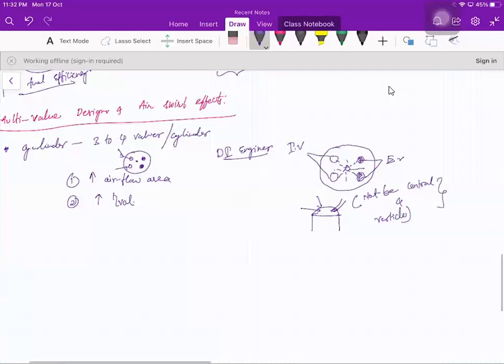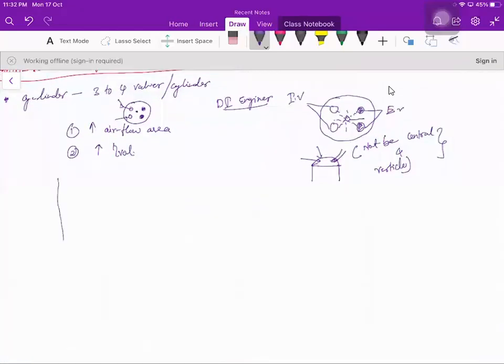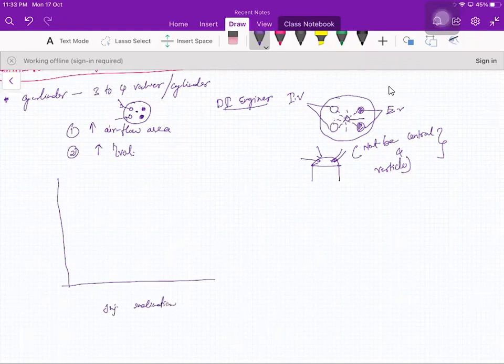We have a small plot for this. Take the injector inclination from vertical in terms of degrees on one axis, and here the particulate matter emission in terms of percentage. If you look at a 10-degree deviation, there is an increment of particulate matter emission.